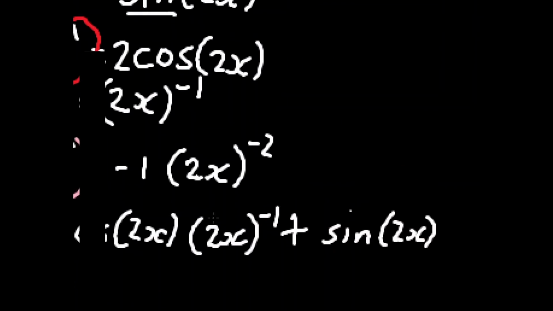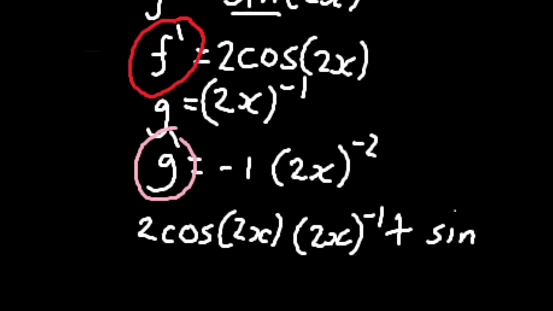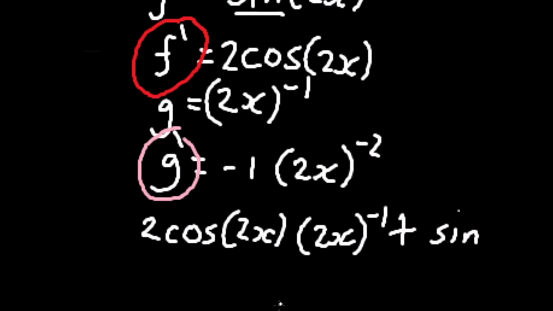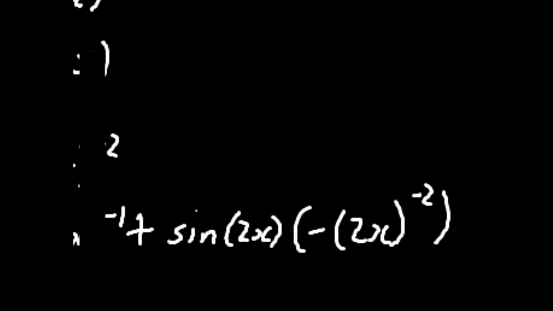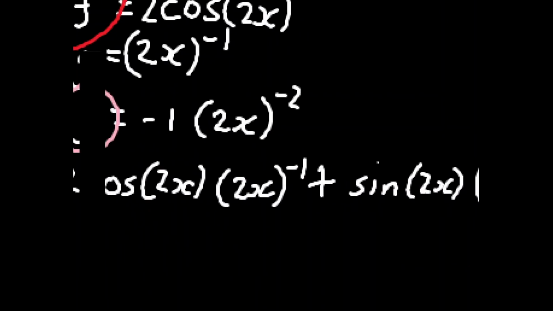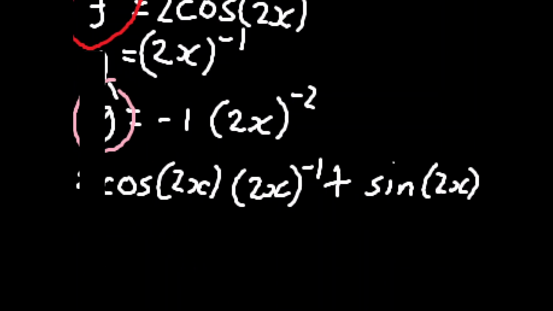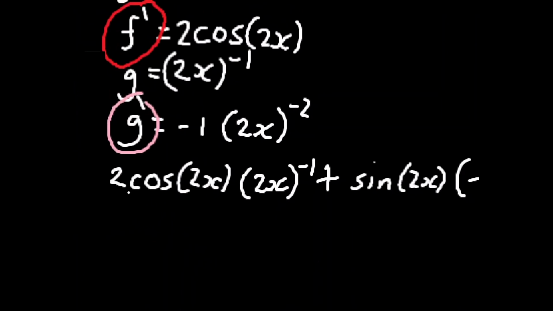And then we have our differentiated guy, which is this -1, 2x to the -2. Oh, hey, let's simplify this thing because it's looking pretty ugly.